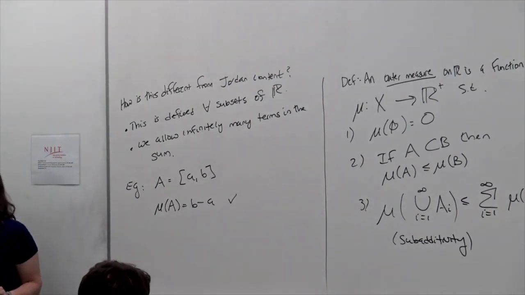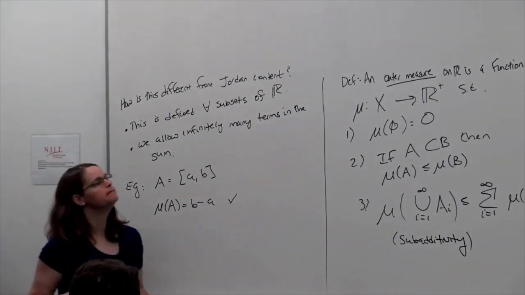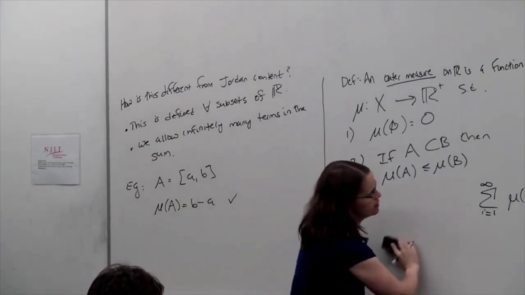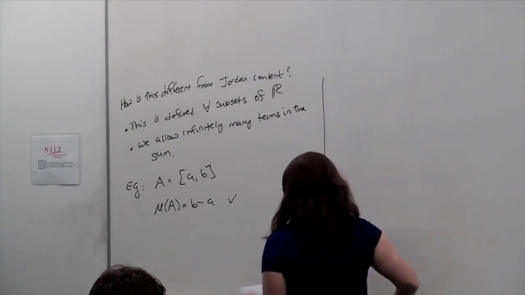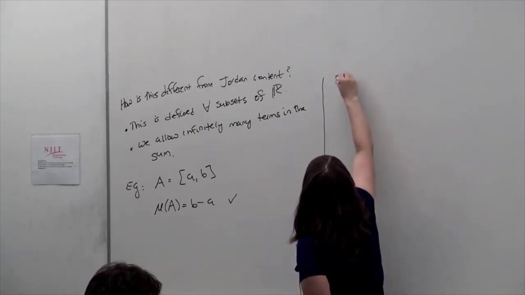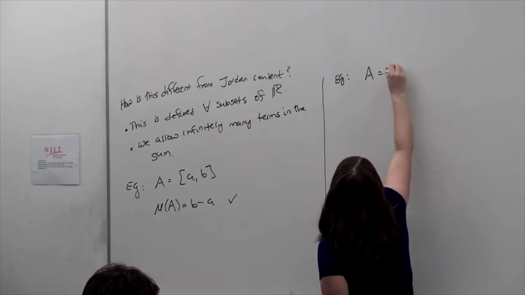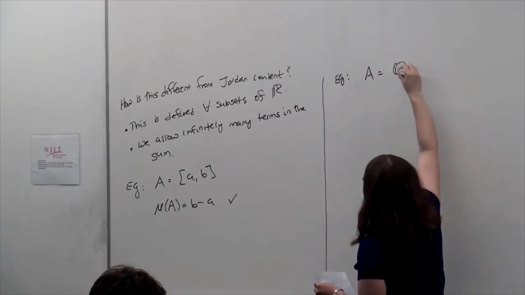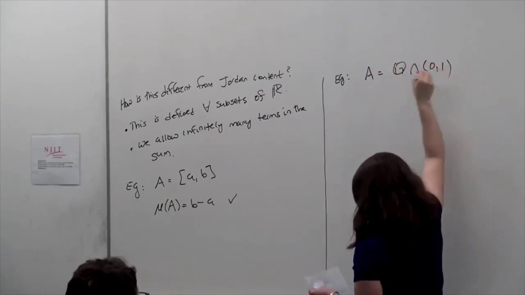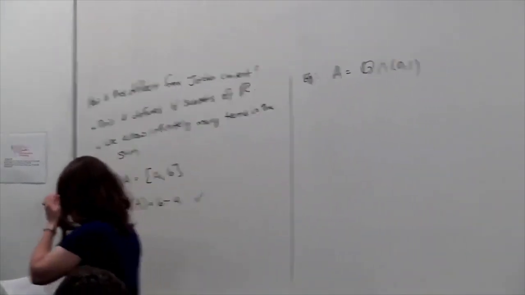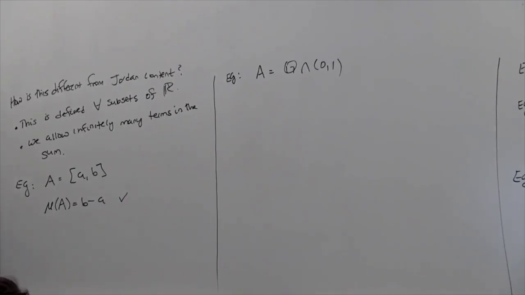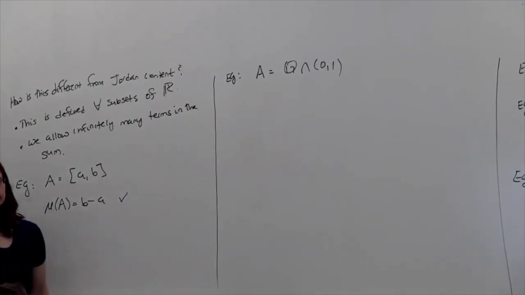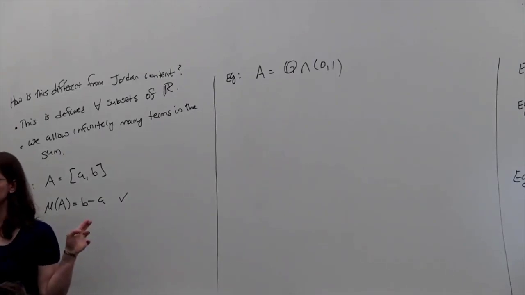Now, let's try a slightly different set that we had some trouble with before. Let A be the rationals between, say, 0 and 1. Do you remember what the Jordan content of this set was? I think 1.